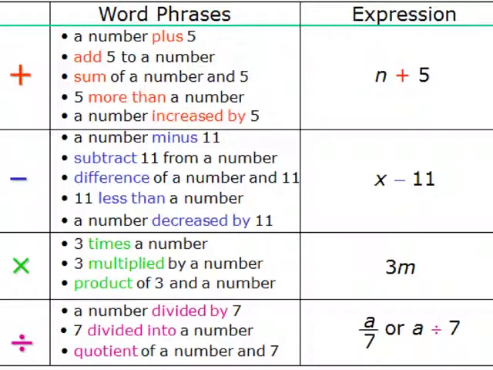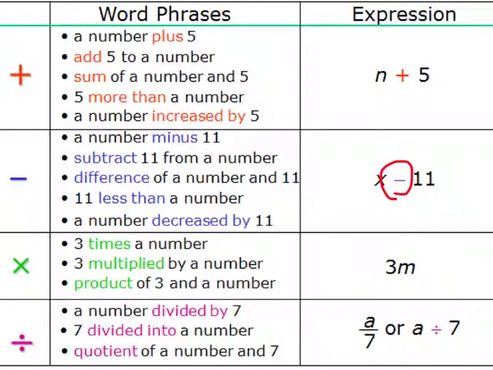If you are doing a subtraction, a number minus 11, subtract 11 from a number, the difference of a number and 11, 11 less than a number, or a number decreased by 11. Less than and decreased by mean the same thing.